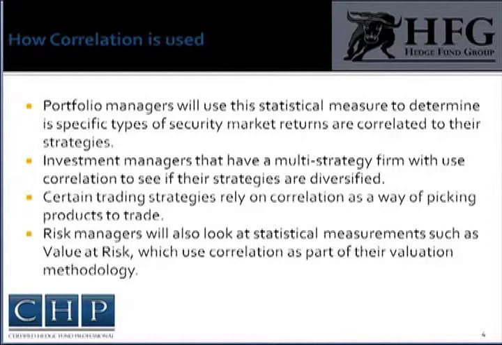Risk managers will also look at statistical measurements such as value at risk, which uses correlation as part of the valuation methodology. There are three basic approaches that are used to compute value at risk, though there are numerous variations within each approach.